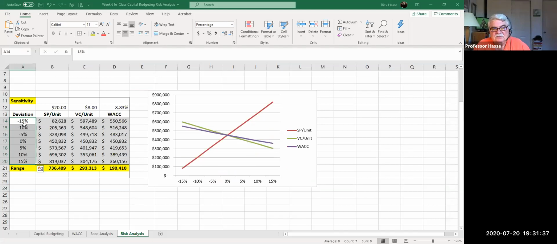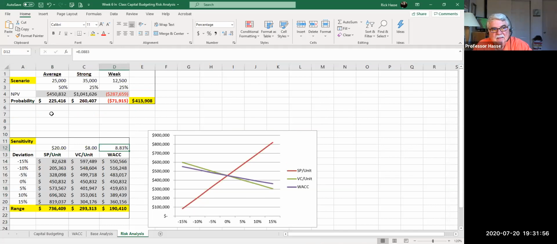Plus or minus 10, 20, 30, just like that. The same variables. The dollar amounts are different, and you have to determine the WACC in your calculations. For extra credit, throw in a little chart like this. I'd be very impressed. There's a look at your scenario analysis.